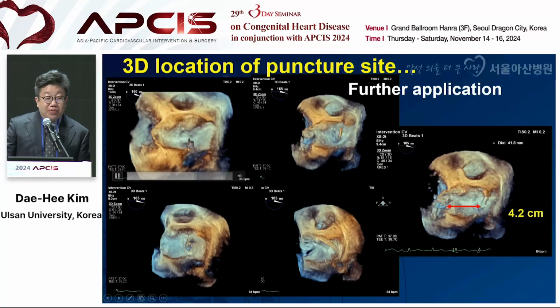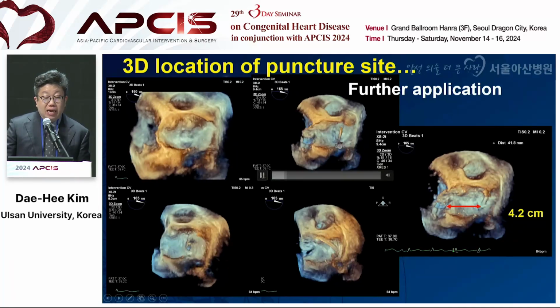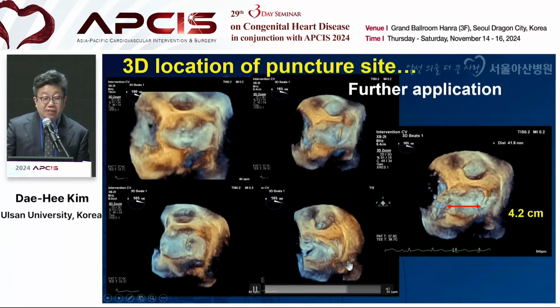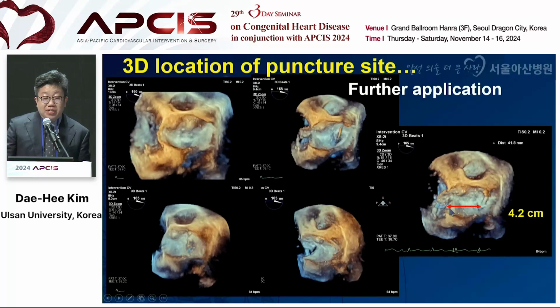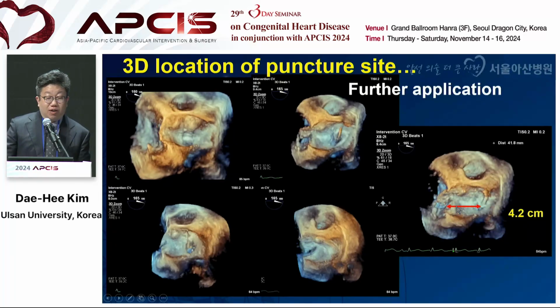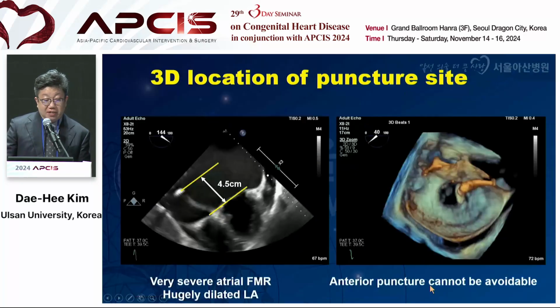At the time of fossa ovalis tenting, you can decide the optimal puncture site. After guide wire insertion, tenting and delivery catheter insertion, sometimes direct measurement in 3D full volume is helpful rather than direct measurement in 2D or biplane imaging.